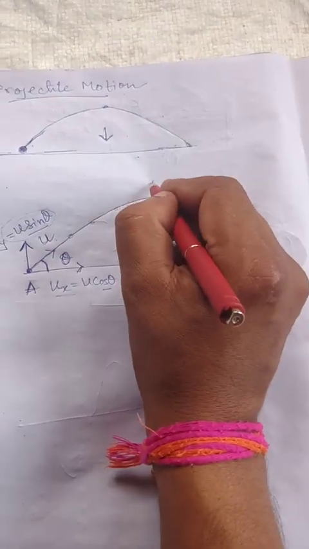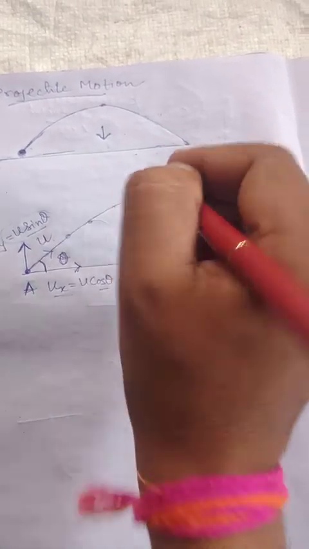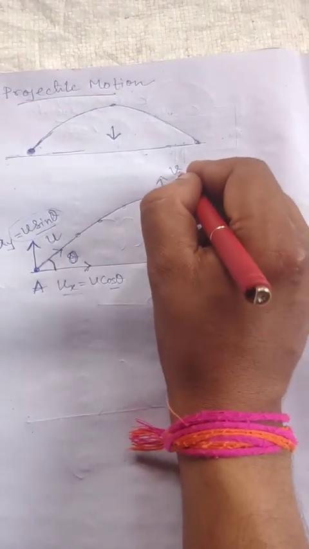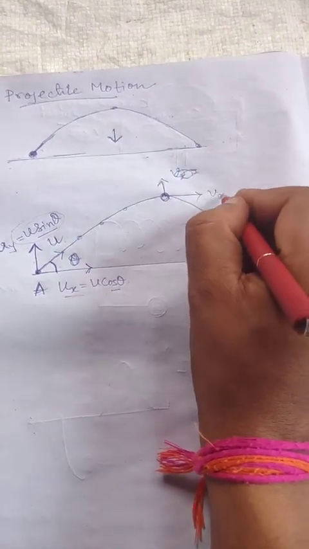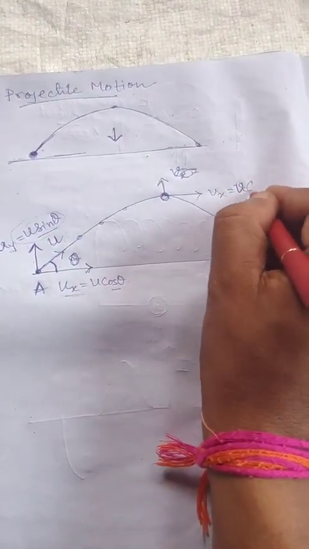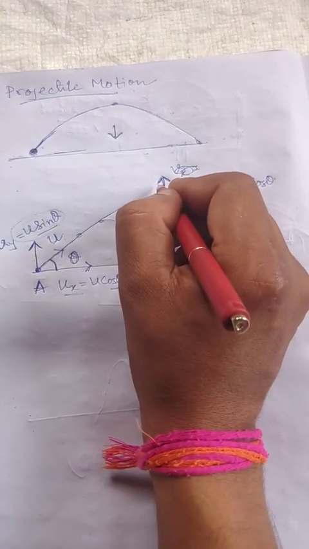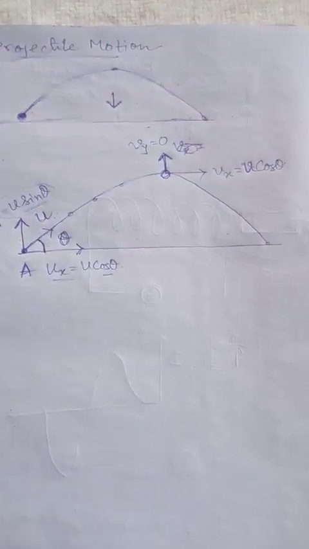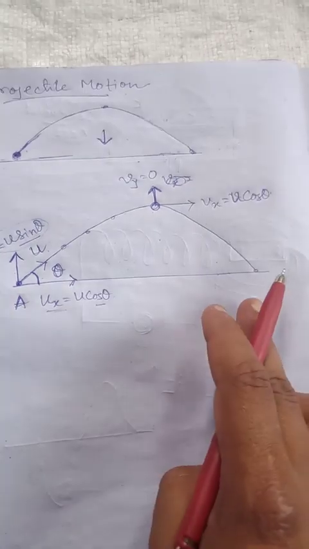So if we consider that the body has a velocity v, then Vx, along the x-axis direction, is always u cos theta, but it has no acceleration or velocity in the upward direction, so we can say Vy equal to 0 here at the upper position. After that it gains some downward velocity and reaches the ground position.